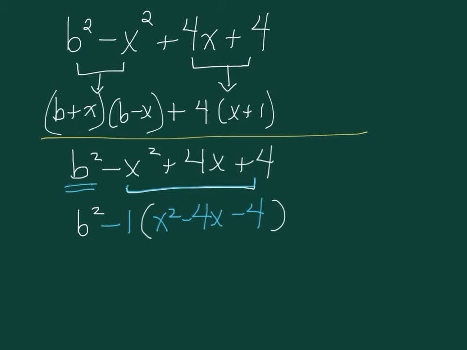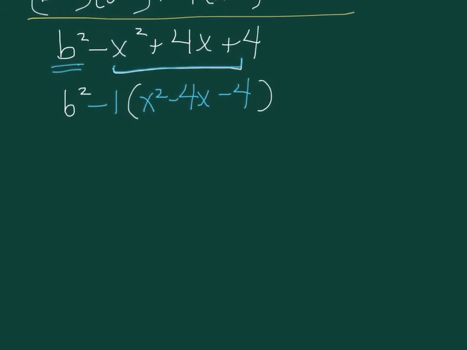The exact same thing. All right? So I have that to work with now. And I'm going to look at this, and I see that in this trinomial, I can factor, this is a perfect square, because I can take the square root of x squared and the square root of 4, right?